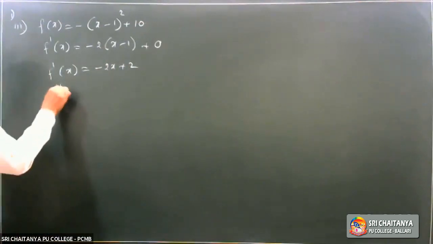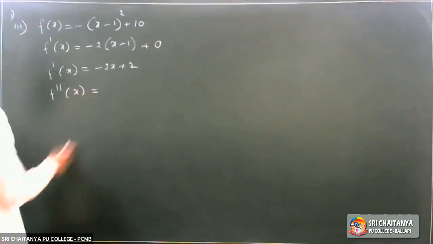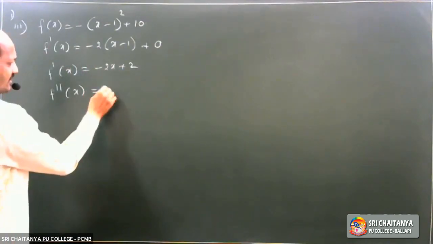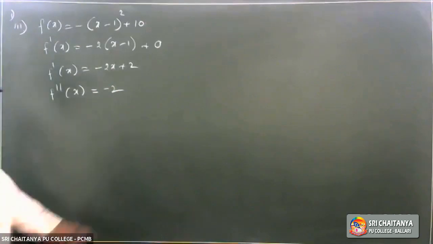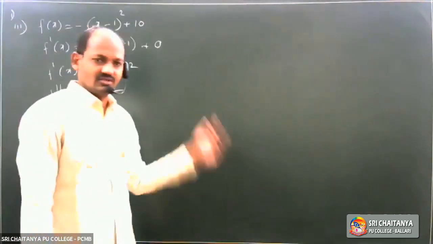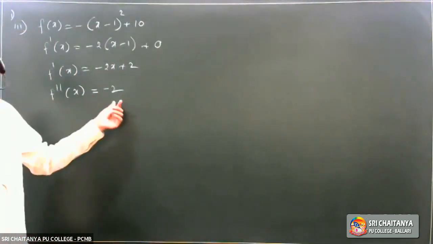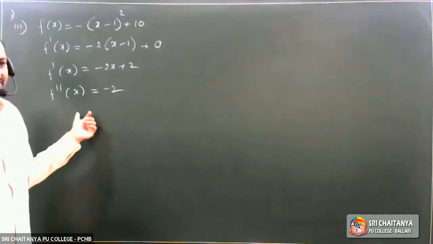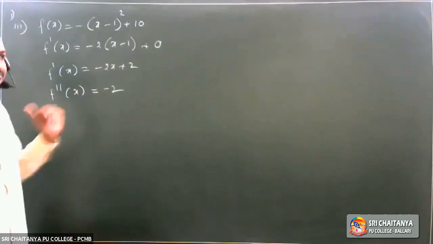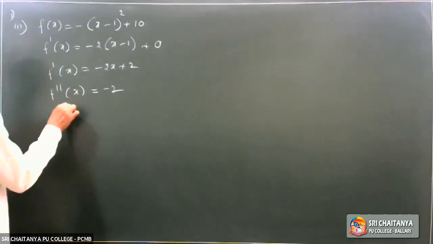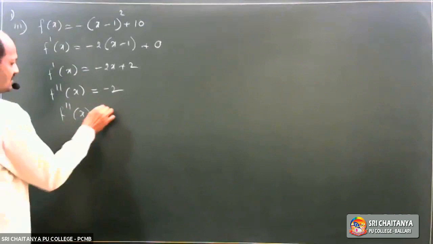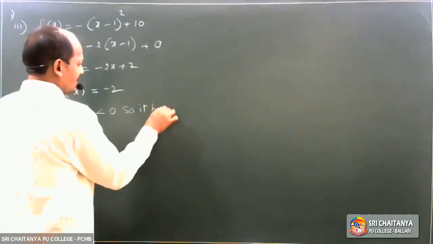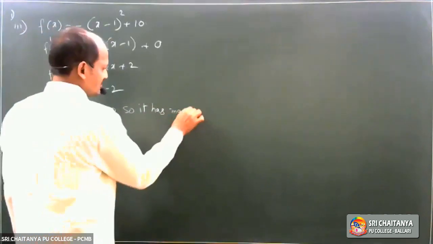F double dash of x, the second derivative of the function: the derivative of minus 2x is minus 2, and the derivative of the constant 2 is 0. So the second derivative is negative. If the second derivative is negative, that function has a maximum. So when f double dash of x is less than 0, it has a maximum.